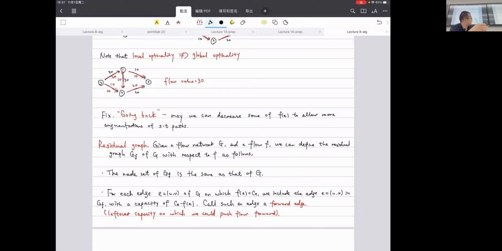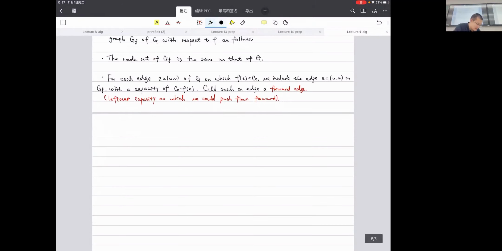And maybe we want to consider, since we have forward edge, maybe we also want to consider some kind of a backward edge. And then again, basically we can give a similar definition in the other direction. So basically we say that for each edge E equals UV of G, on which we have the capability to maybe go back a little bit, to actually take some back of the values, it definitely is going to be the case where the current weight is strictly larger than zero.